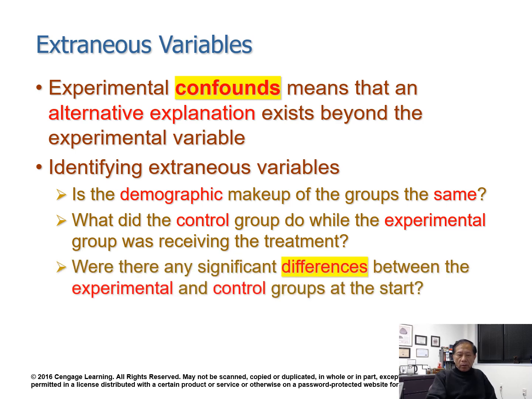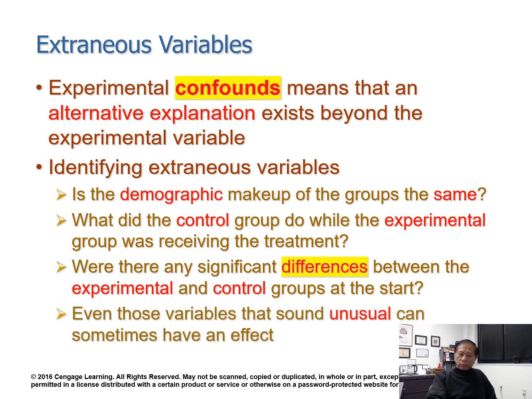Okay? Or is there any significant difference between the experimental and control groups at the start? Okay? If there is, that could be an extraneous variable. Okay? Even those variables that sound unusual sometimes have an effect. Okay?